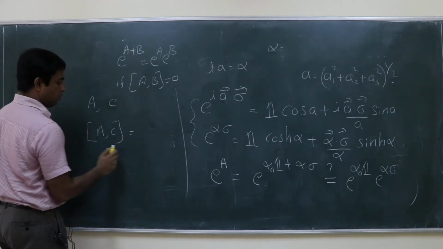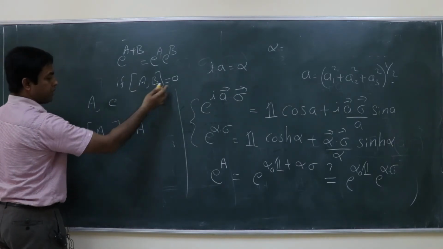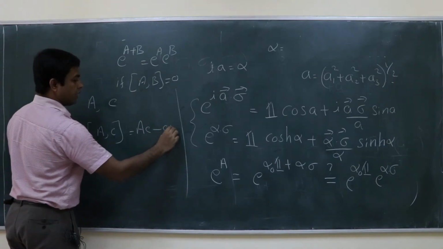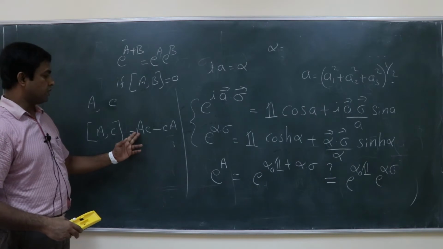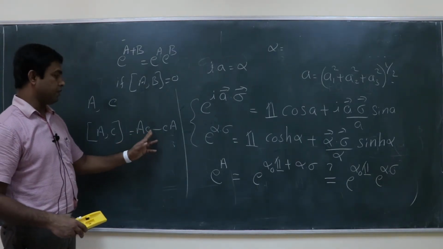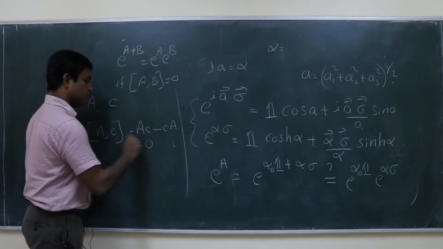0. Because this commutator basically means AB minus BA. So A times C minus C times A. A number multiplied with a matrix is the same as that number times A, so there is no problem. So this is equal to 0.